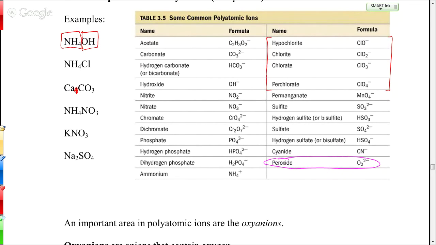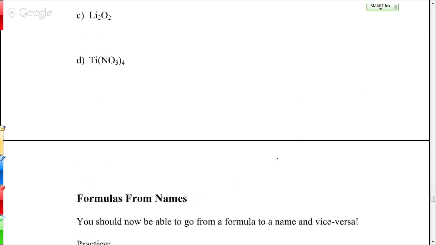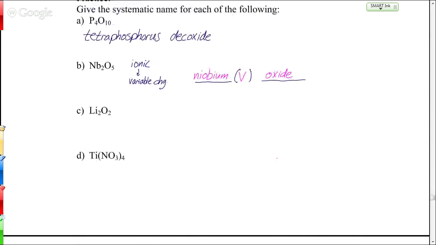And in that case, yes, each oxygen has an oxidation state of -1. But the ion overall is a 2- ion. So now that works. So then knowing that, how do we name that Li2O2? Yeah, this just becomes lithium peroxide, now that we know that that's a polyatomic ion.